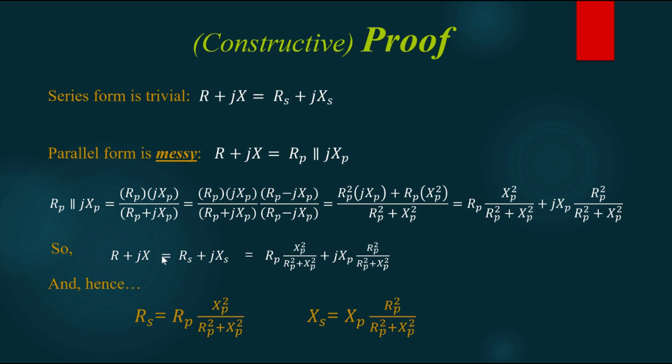But the result is R plus JX is equal to this expression. But remember that R plus JX is R sub S plus JX sub S. So we can look at this second two terms here as an equality, and we can match up R sub S with the first term and JX sub S with the second term, which gives us these two expressions.